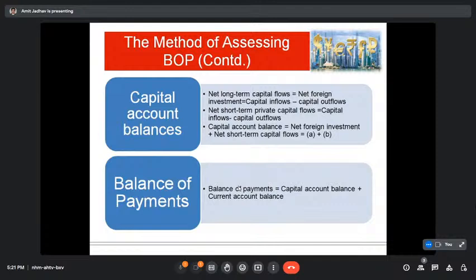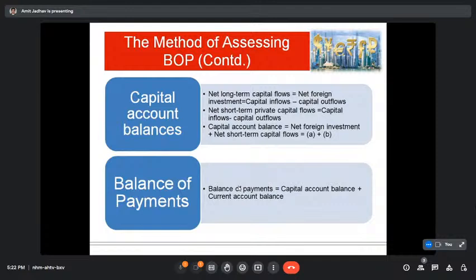Net short-term private capital flow is also capital inflow minus capital outflow. The total capital account balance is equal to net long-term capital flow plus net short-term capital flow. So we add A and B, and we get the capital account balance.